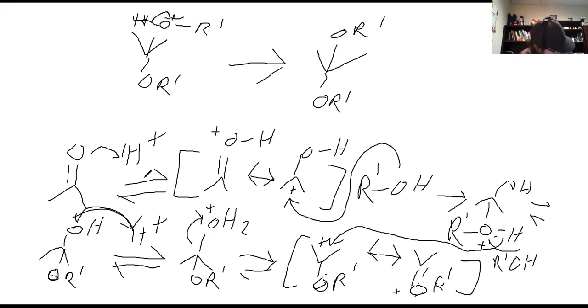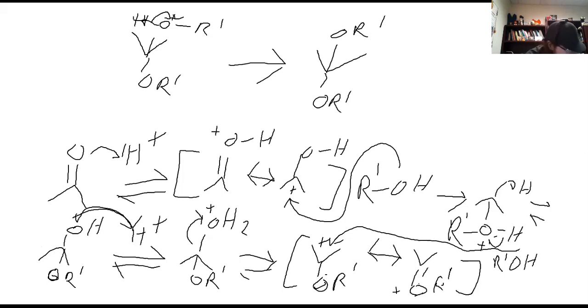I'm not going to be able to kick this guy off. So I'm stuck at the hemiacetal if I do base catalyzed. Maybe I can add and get to the hemiacetal, but I won't be able to get to the acetal if I use base. So I have to use acid in order to be able to kick off that water.